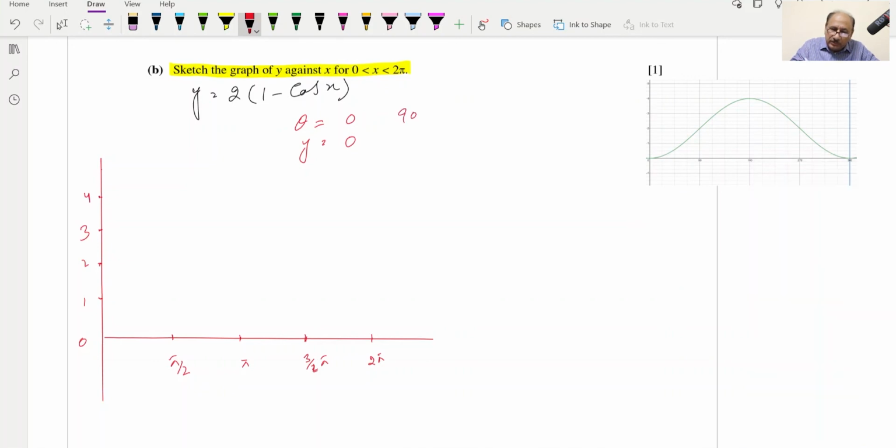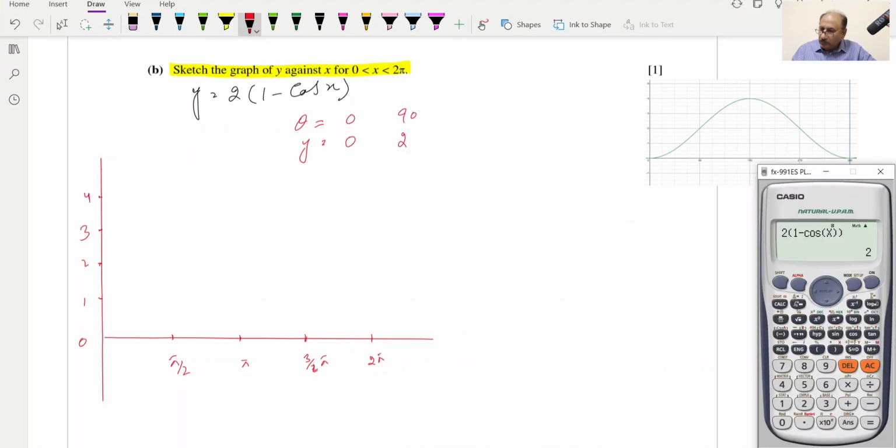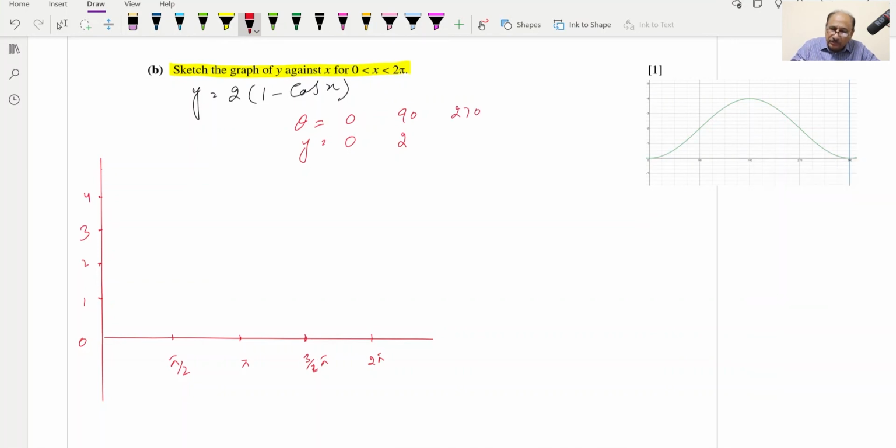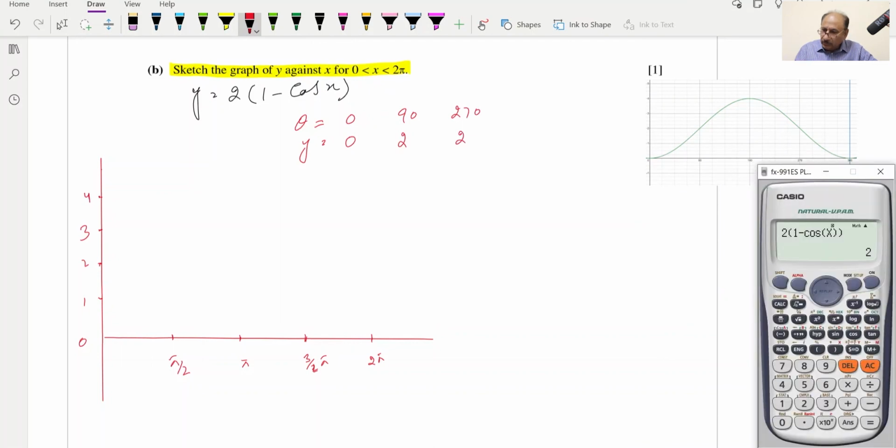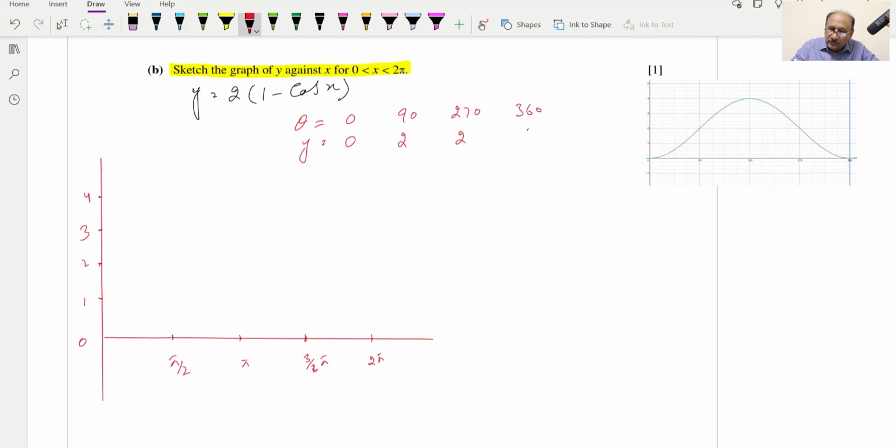For 270, calculate for 270, and this is equal to 2 again. And now we can check for 360 or 2 pi, and this will be equal to 0. So this is the table of values which we will be utilizing.